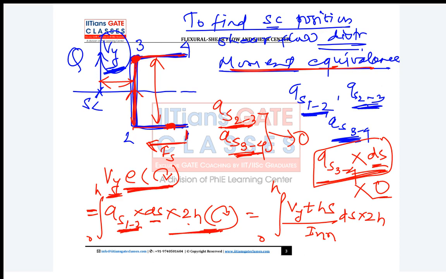So they should be in the same sense. The moment produced by the shear force about any point on the section should be in the same sense as the moment produced by the shear flow at that particular point.